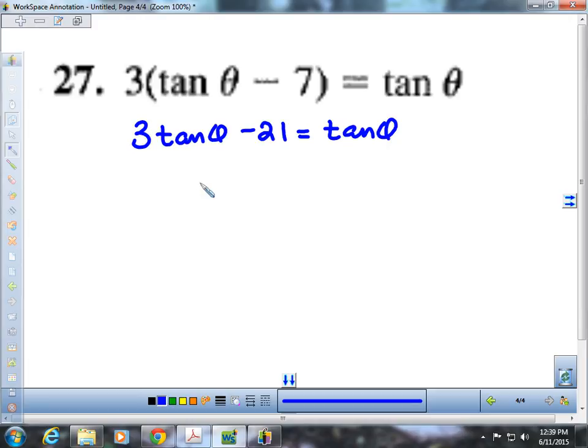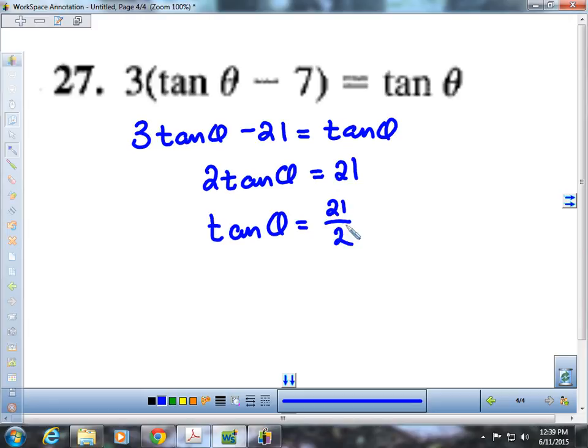And what will you get? So 2 tangent theta will equal 21, and then you'll do what? Divide by 2, so 21 over 2. It is 10.5, but we're not going to change it. We're just going to leave it 21 over 2.